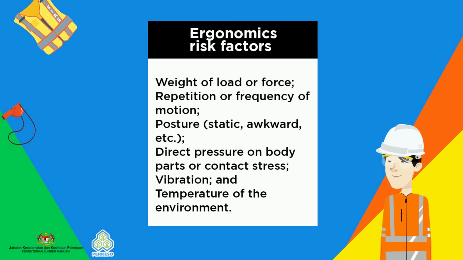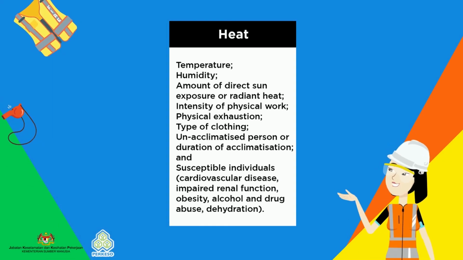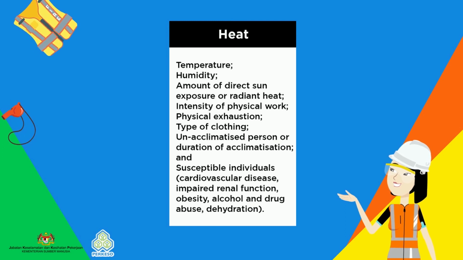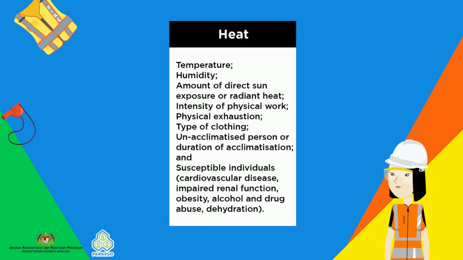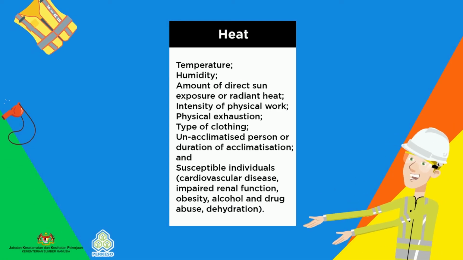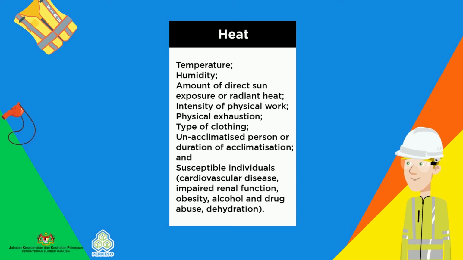Next, ergonomics risk factors: weight of load or force, repetition or frequency of motion, posture, static, awkward, etc., direct pressure on body parts or contact stress, vibration, and temperature of the environment. The fourth column is about heat: temperature, humidity, amount of direct sun exposure or radiant heat, intensity of physical work, physical exhaustion, type of clothing, unacclimatized person or duration of acclimatization, and susceptible individuals: cardiovascular disease, impaired renal function, obesity, alcohol and drug abuse, dehydration.